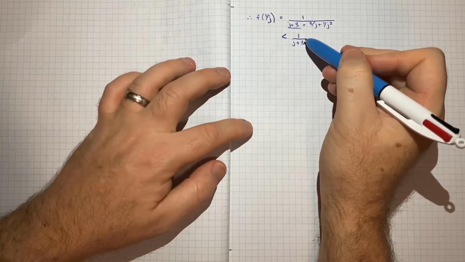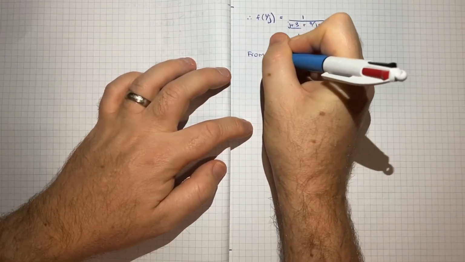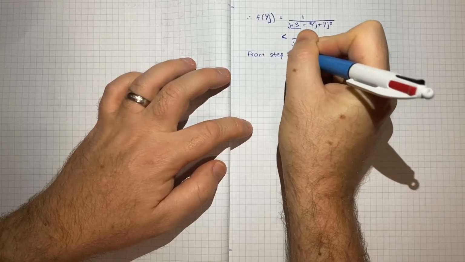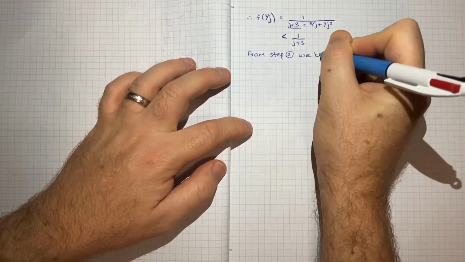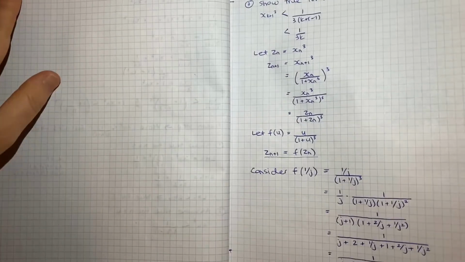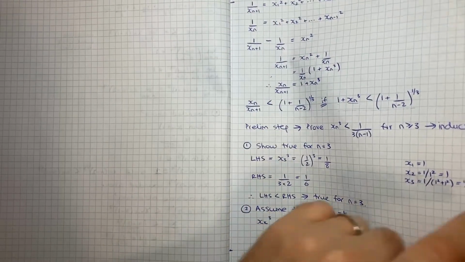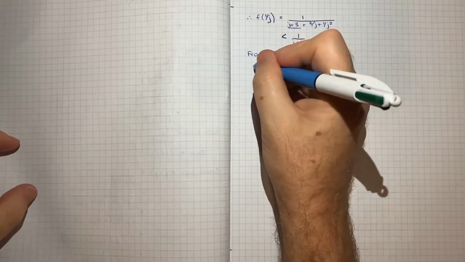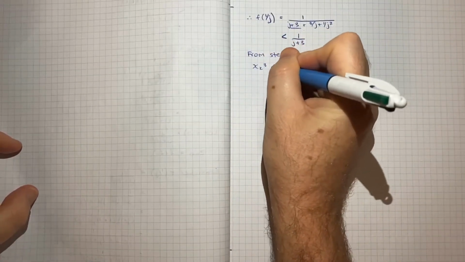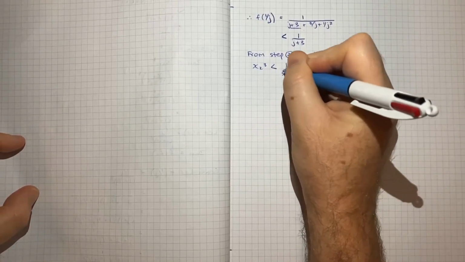Alright, so from step 2 of our induction, we know that x_k cubed is less than 1 on 3k minus 1.